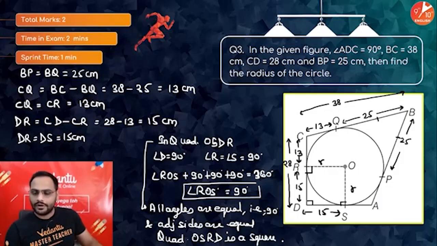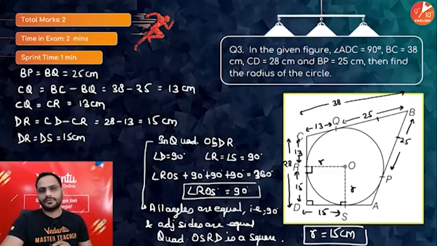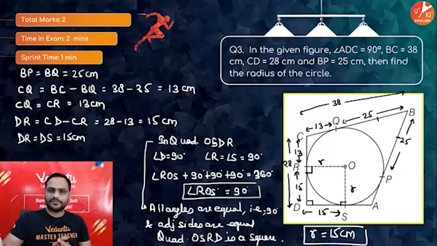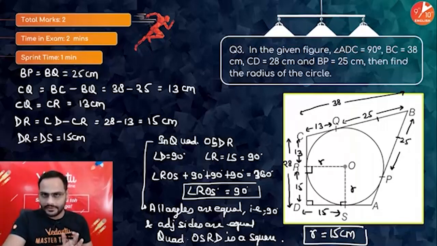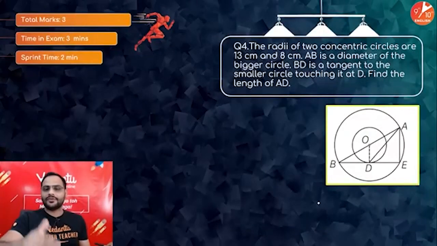And if it is a square, all sides should be equal. So this side OR will be equal to DS, which is radius equal to 15 centimeters. OR is your radius, DS is 15. Radius is equal to 15 centimeters. So this is one condition of proving any quadrilateral to be a square. In Grade 9 we have studied it. So maths is all connected, as you all know, right? Now let's go for our 3 markers.